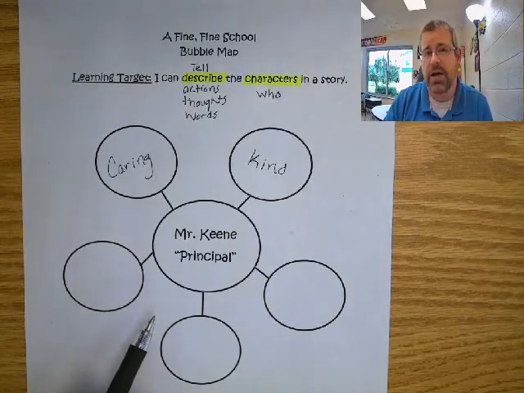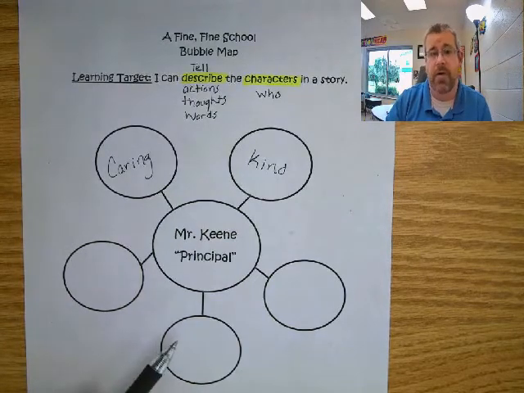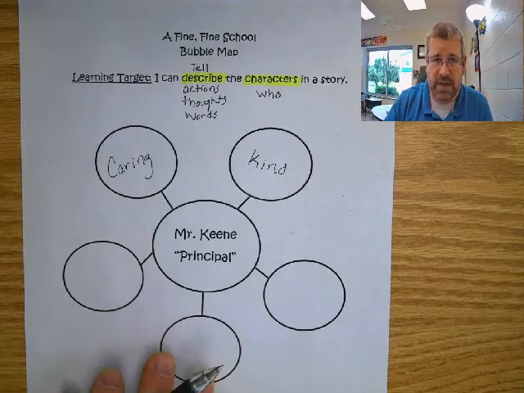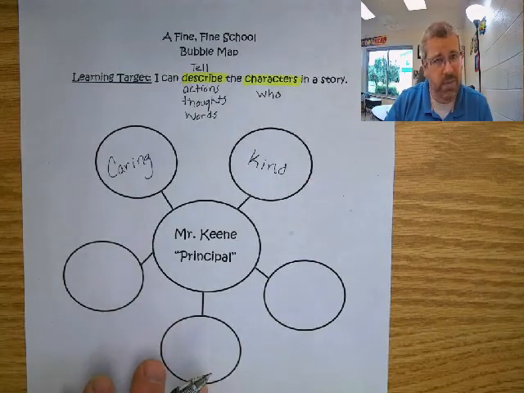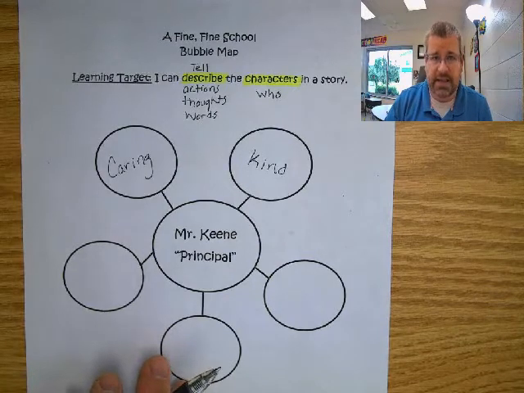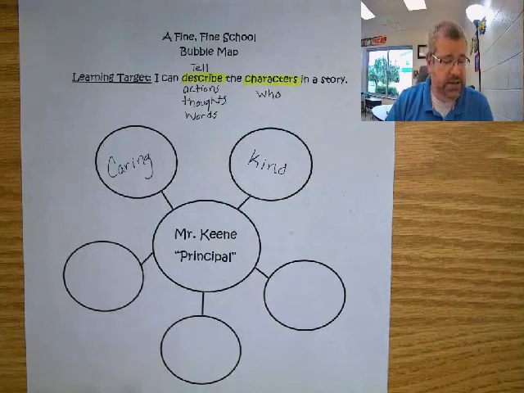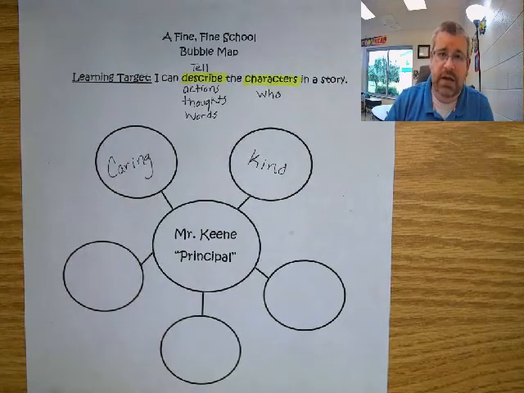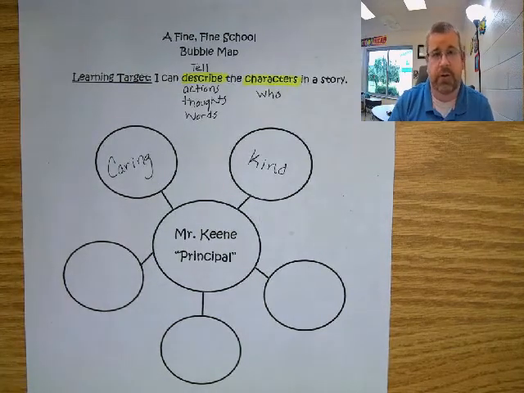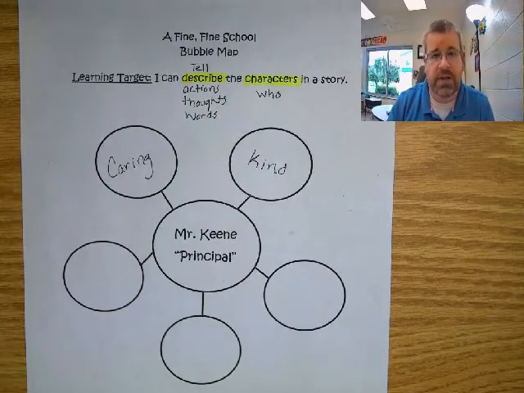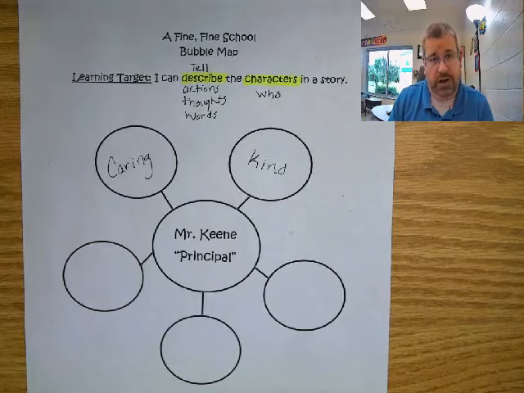However, one student decided that she would go to the office and confront him about this. And she didn't do it in a bad way or in a bossy way. She was nice about it. That character being Tilly. So what did Tilly do? Tilly went to Mr. Keene and told him, we don't want to be at school all the time because there are other people that aren't learning.